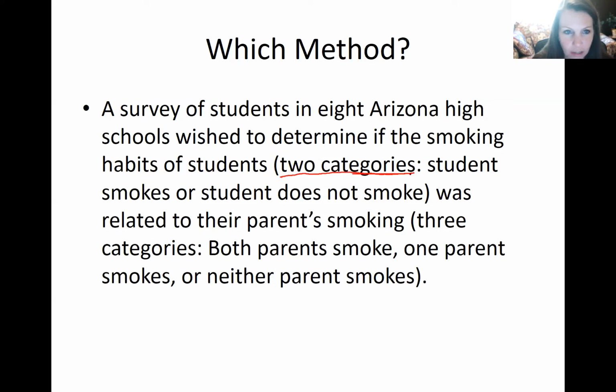So the first variable, smoking habits of students, has 2 levels, 2 categories, and the second one has 3 categories. If we have 2 categorical variables and at least one of those has 3 or more levels, then that would automatically make it a chi-square test.